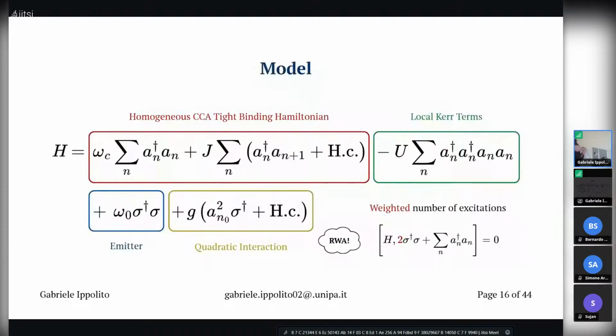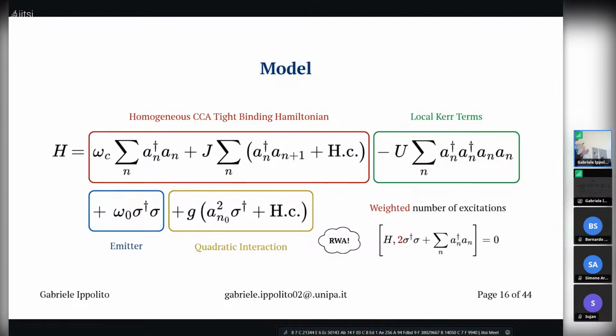And this is the model I studied. We have a homogeneous one-dimensional coupled cavity array that is described by a simple tight-binding Hamiltonian, in which you have an on-site term, the frequency of the cavity, and the hopping term, where J is the hopping rate.